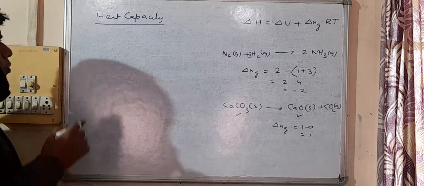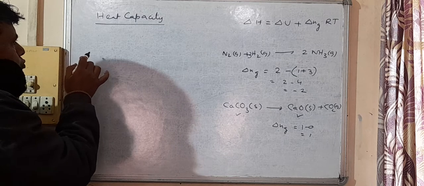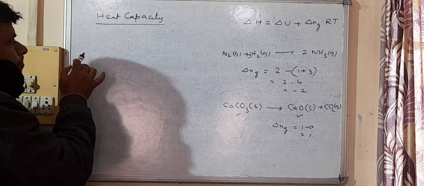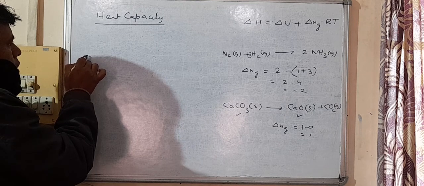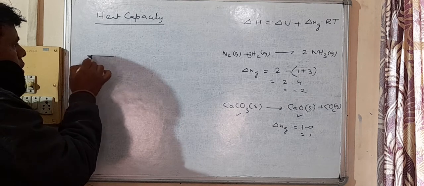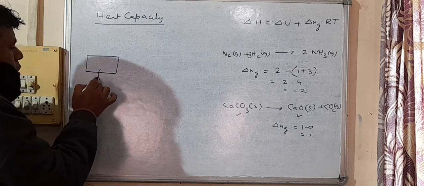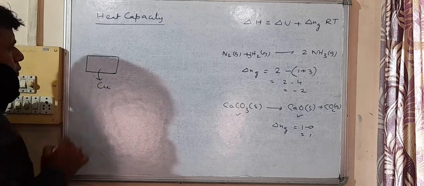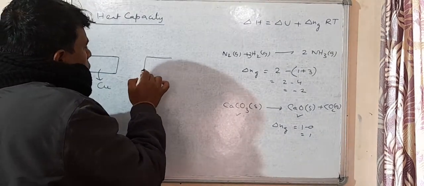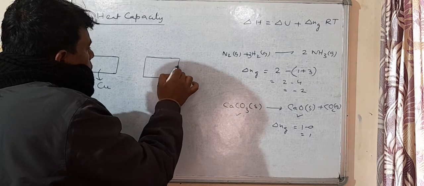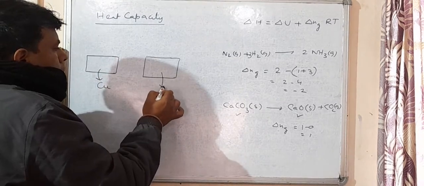Suppose we have an object of copper, and here another object of another material, say let it be iron.